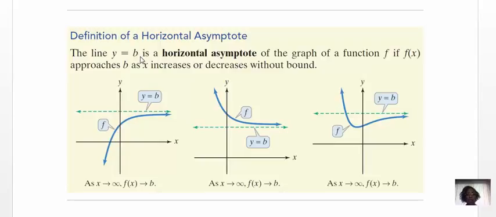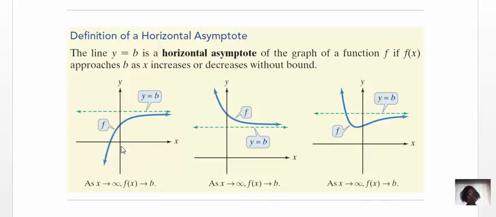So the line y equals b is a horizontal asymptote of the graph of a function f if f of x approaches b as x increases or decreases without bound. So when you are looking at a horizontal asymptote, x has to either be increasing without bound, as we see x doing here.